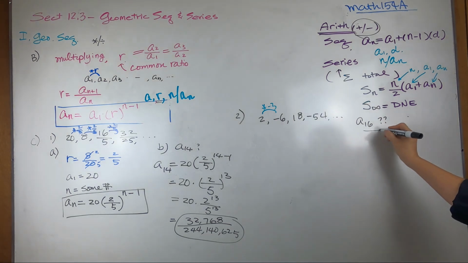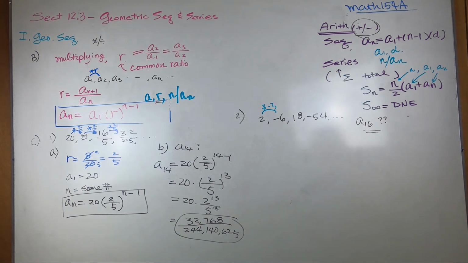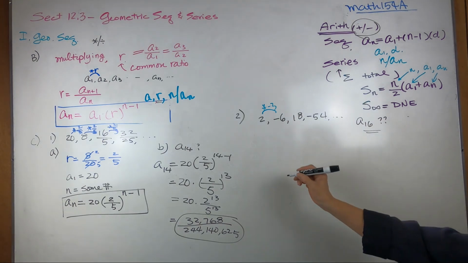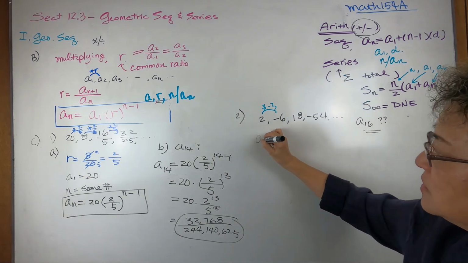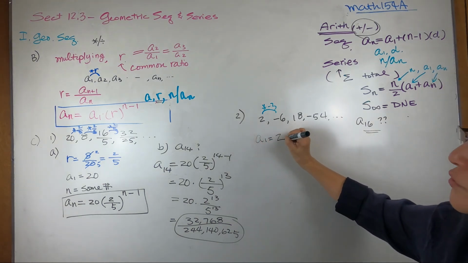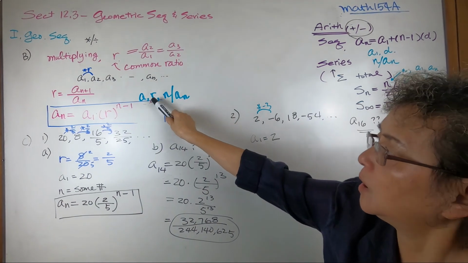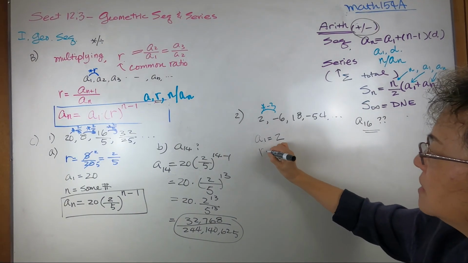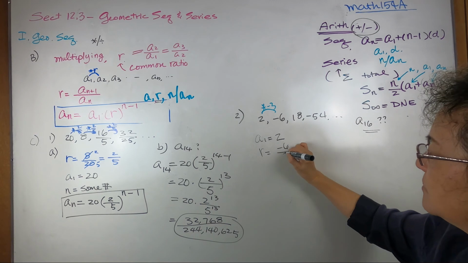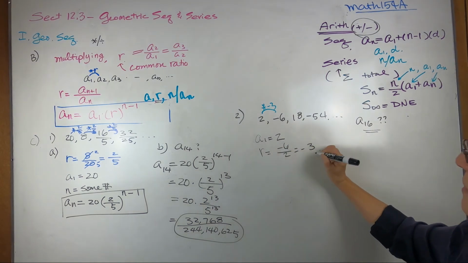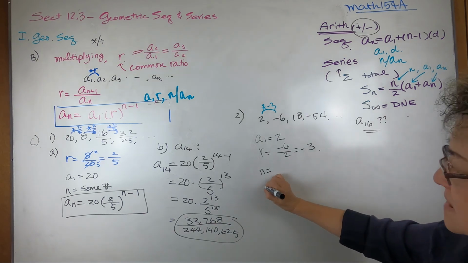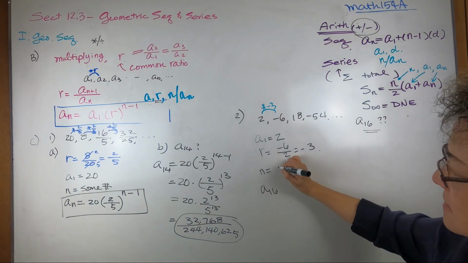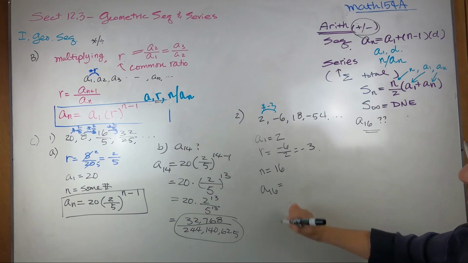Now, let's find the A16. So, what is A16? 16th, right? So we know A1 is what? 2. Then we need the R, right? So R is what? -6 divided by 2 is -3, right? Now N is what? For A16, N is 16, right?